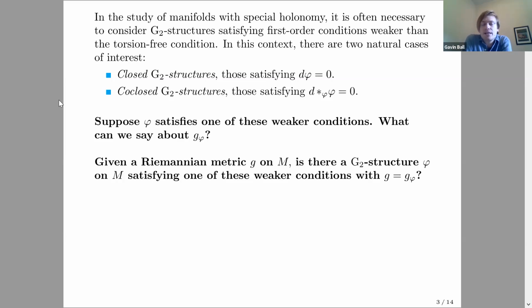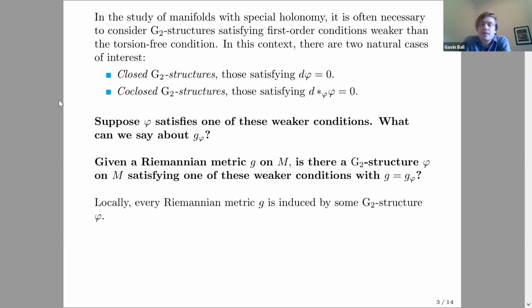And maybe more specifically, there's this prescribed metric problem. If you come to me with a Riemannian metric on M, can I find a G2 structure that satisfies one of these weaker conditions and actually induces the metric that you've just given me? This second question is only really interesting if I'm asking for the 3-form to satisfy one of these weaker conditions, because locally, every Riemannian metric is induced by some G2 structure.